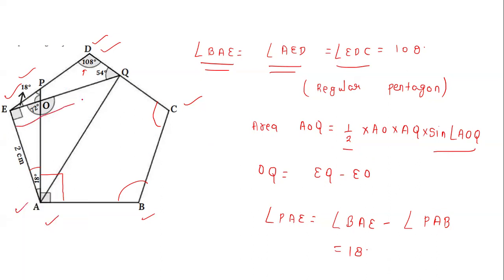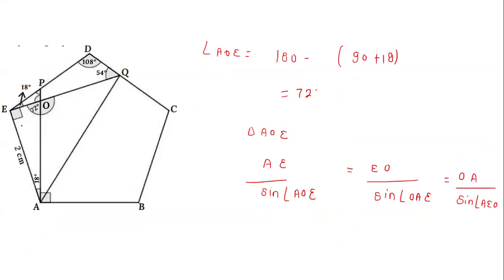OQ length is the whole length EQ minus this EO length. This angle, as we know, is 18 degrees, and this remaining angle is 72 degrees because the sum of the angles of a triangle is 180.